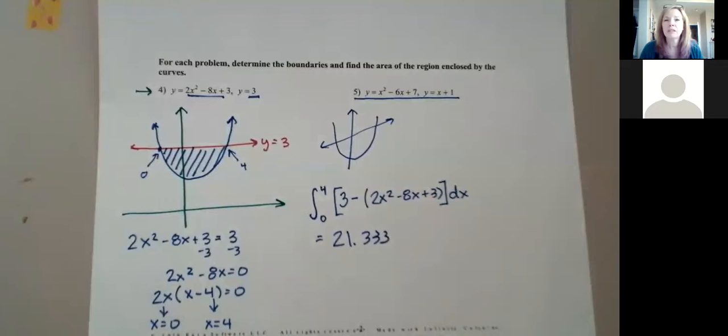Can you figure out what the boundary values would be? Can you set those equations equal to each other and determine your x values of intersection?